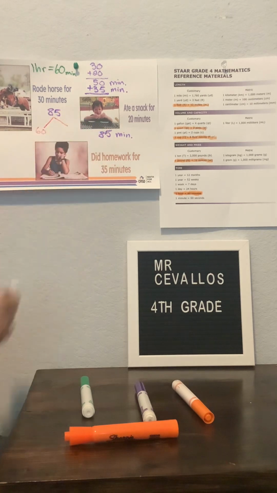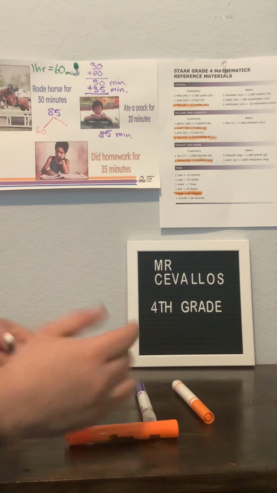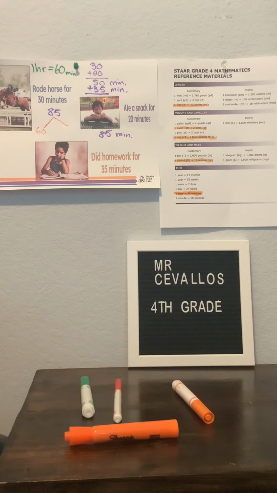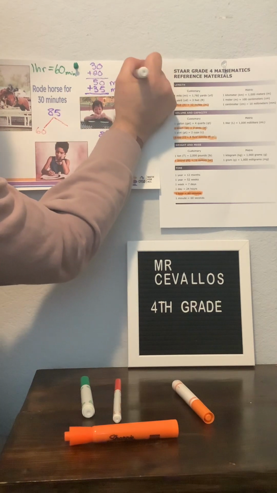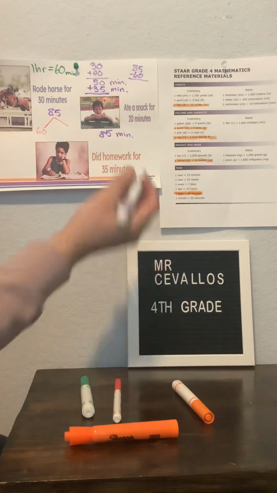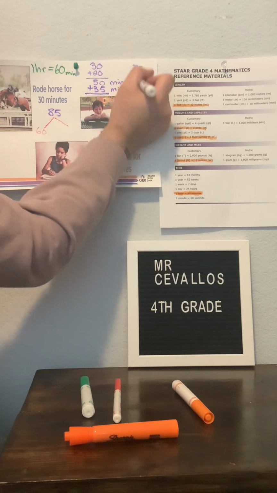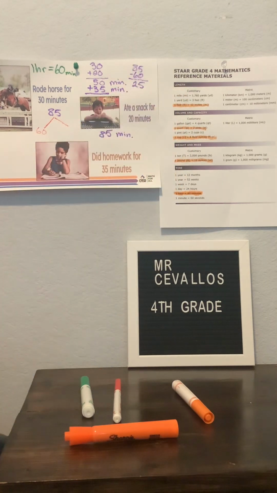So yes, we're pulling 60 minutes. And yes, what's left? We can determine that by subtracting 85 minus 60. And we can do that. That's not a problem. I'm going to do it up here. So if I do 85 minus 60 minutes, which is 1 hour, I will end up with 25 minutes.